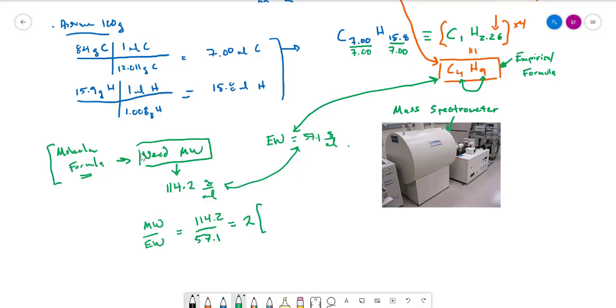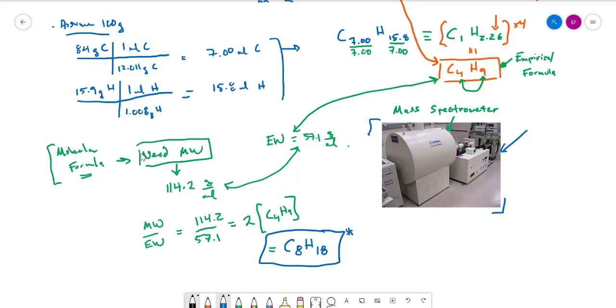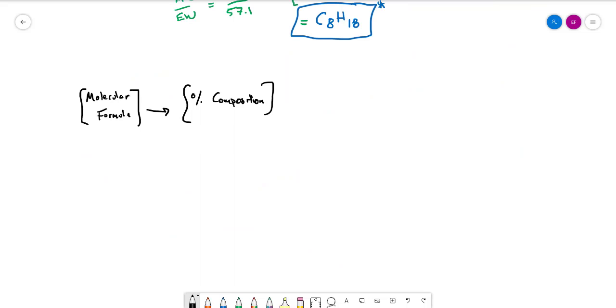We take that 2 and multiply it by our C4H9, which our empirical formula gave us, and that gives us our true molecular compound, C8H18. That's how we determine the true molecular formula. I'll talk in a little bit about what data looks like from a mass spectrometer so that you can interpret that.